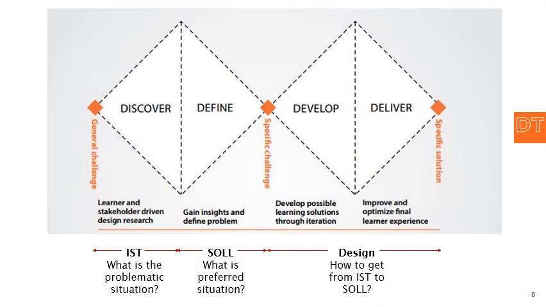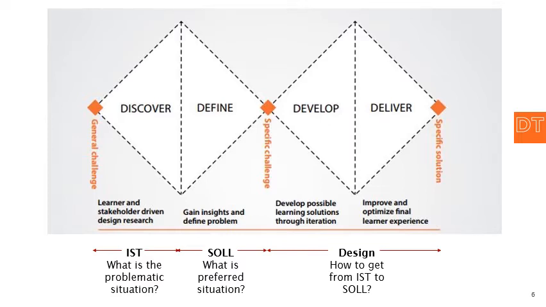This line of reasoning is omnipresent in all the models on design, at least the more rationalistic models. Let's take a look, for instance, at the famous double diamond, which is used over and over again on the internet. It has four stages: discover, define, develop, deliver. The first part is basically about what is the existing problematic situation.